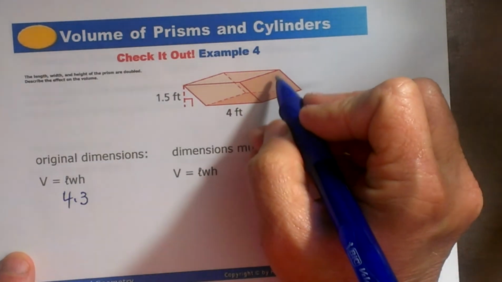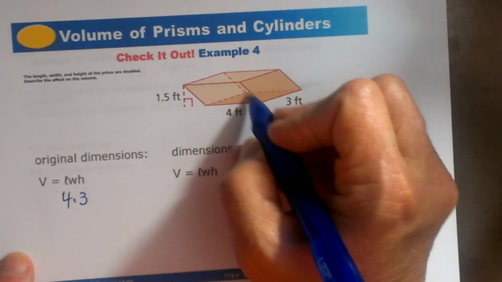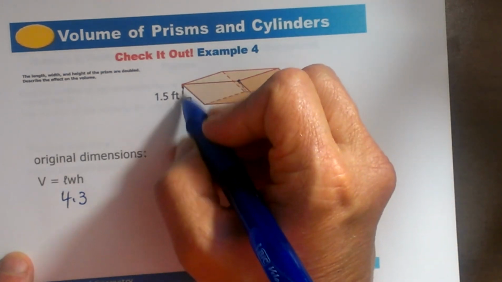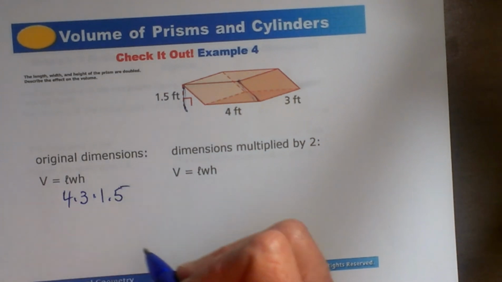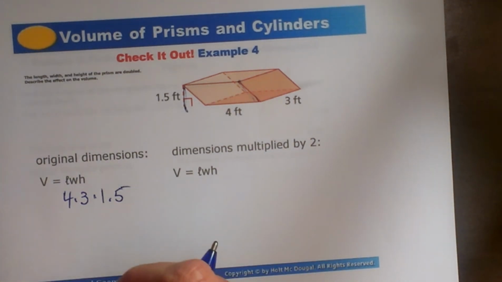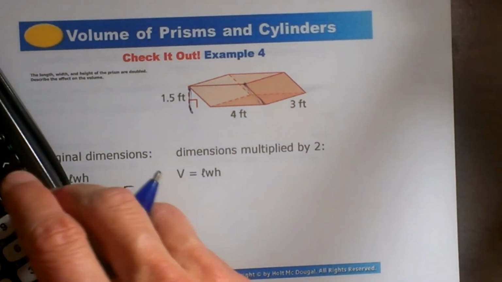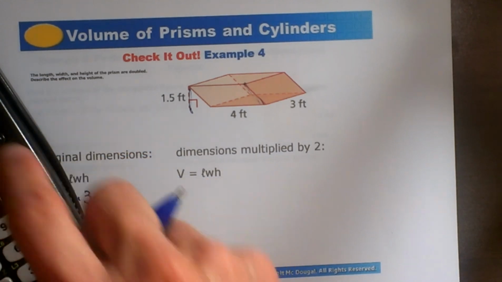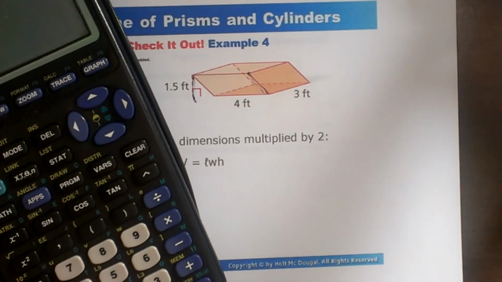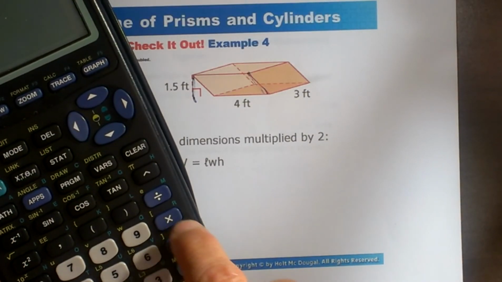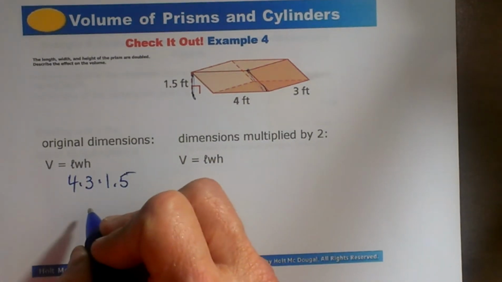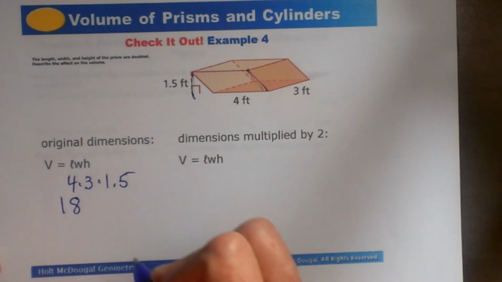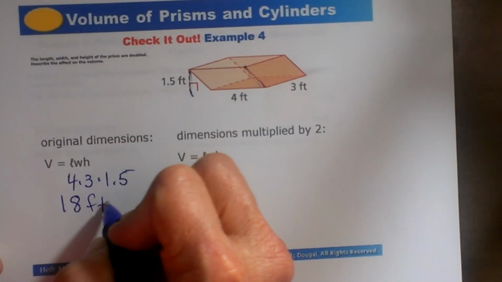And then the height is not the slanted part, but the straight up and down part, which is 1.5. So the volume would be 4 times 3 times 1.5. Okay, so the volume is 18, and this would be feet cubed.